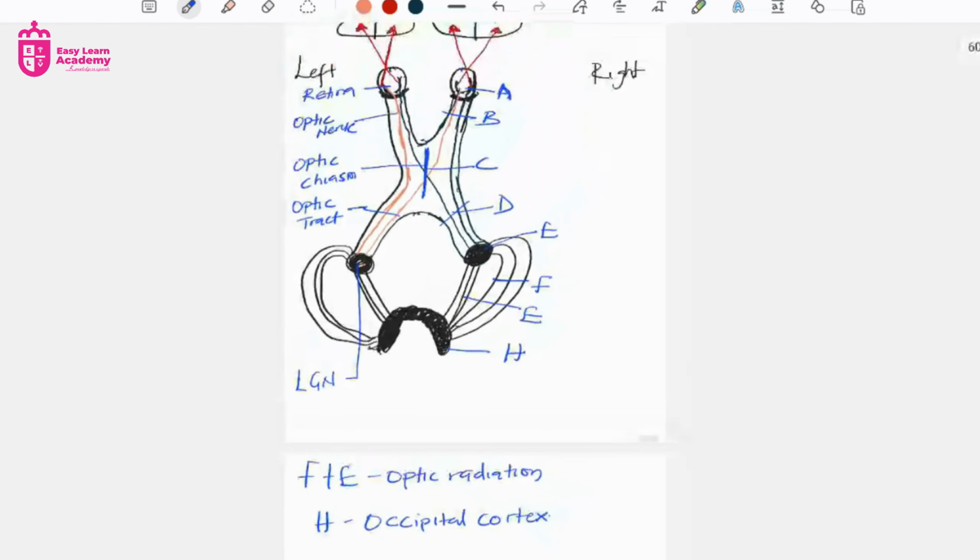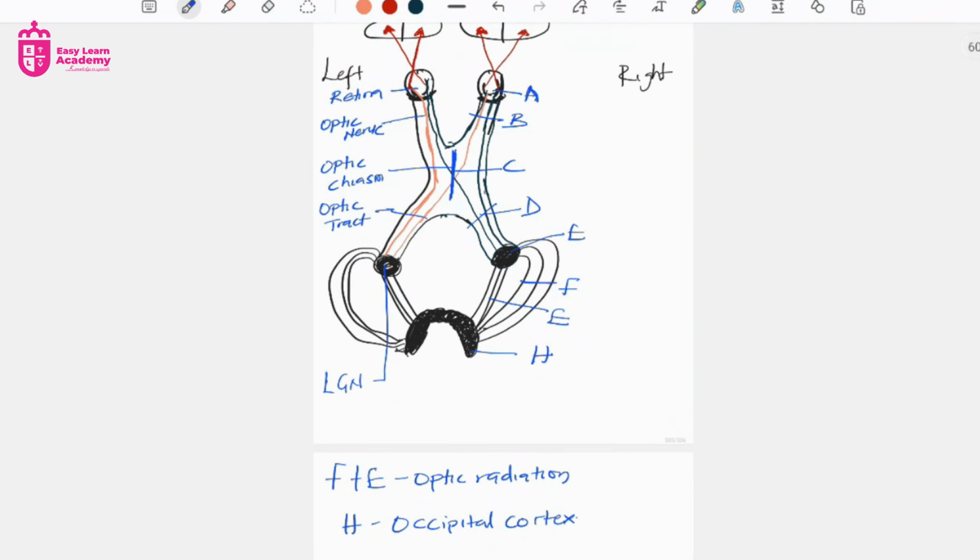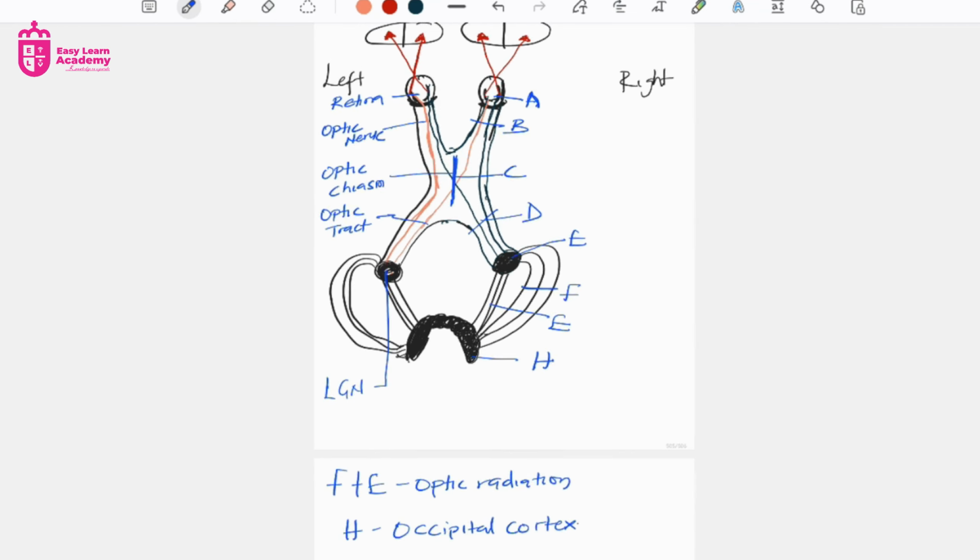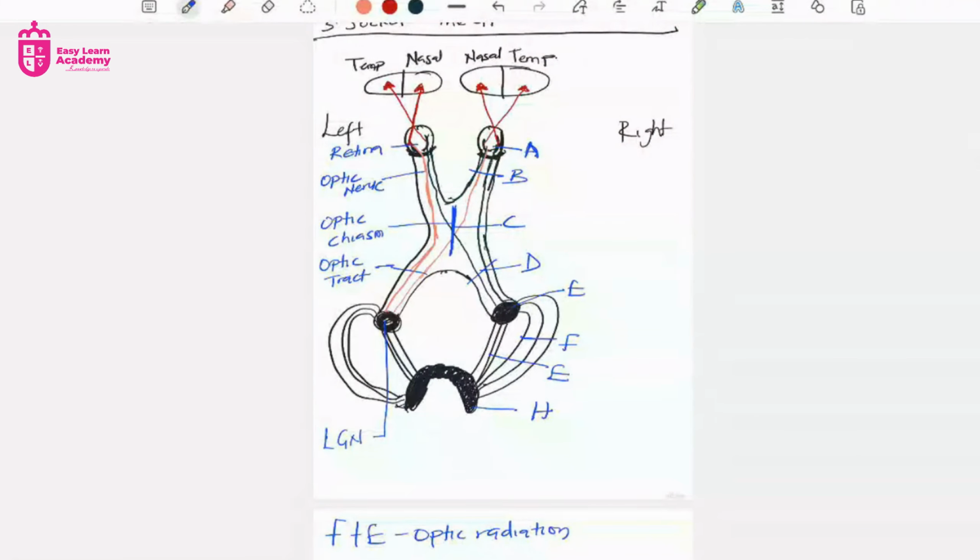And there can be lesions across the board. There can be a lesion at the retina, at the optic nerve, at the optic chiasm, at the optic tract, at the optic radiation, at the lateral geniculate nucleus, anywhere. So does this make sense so far to everybody?